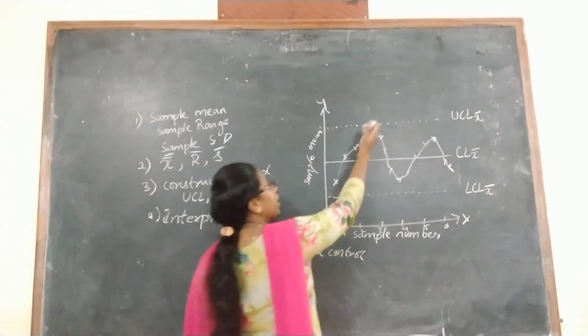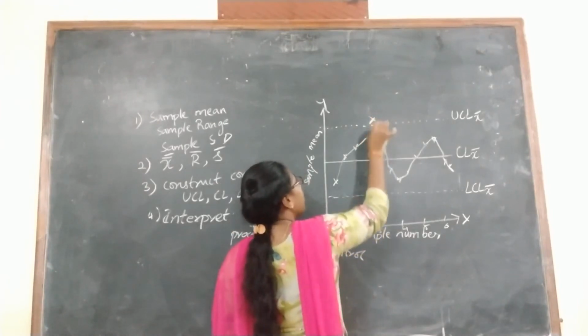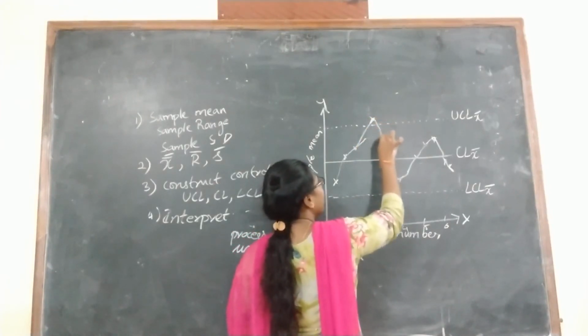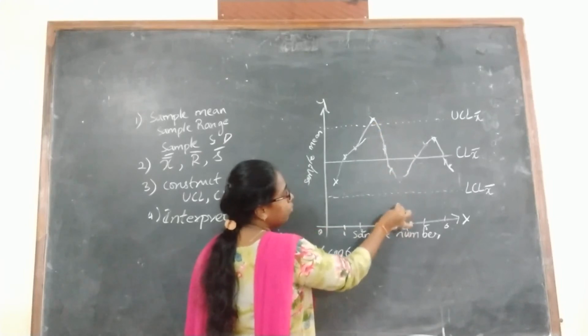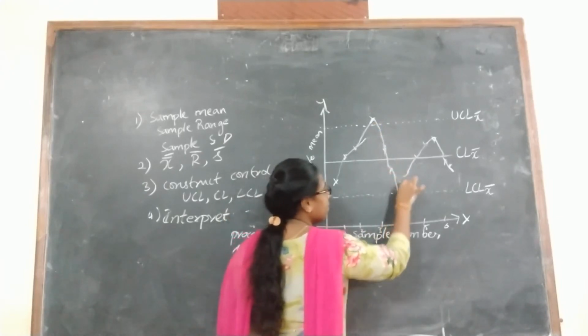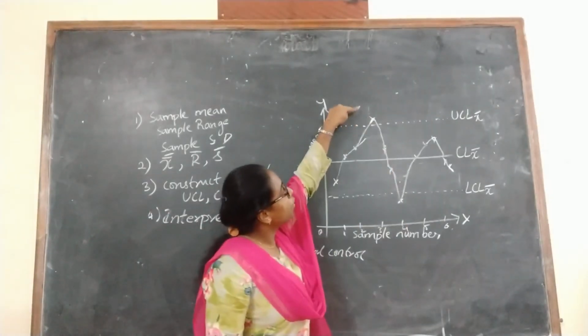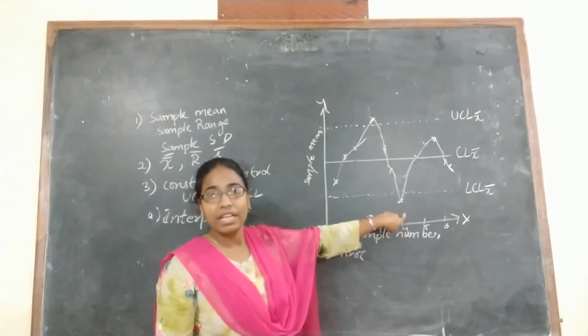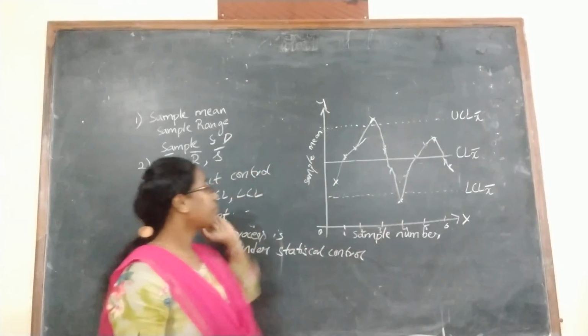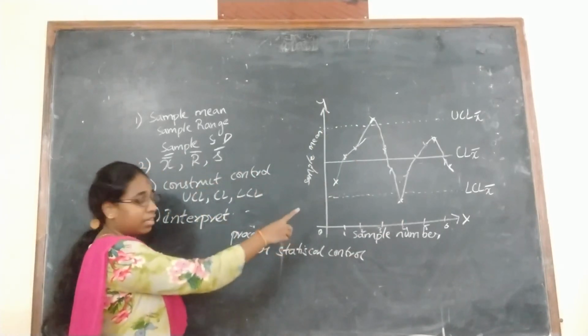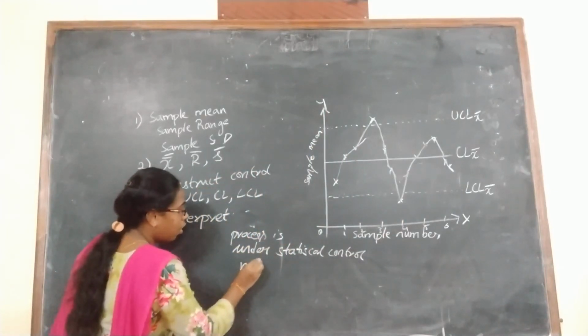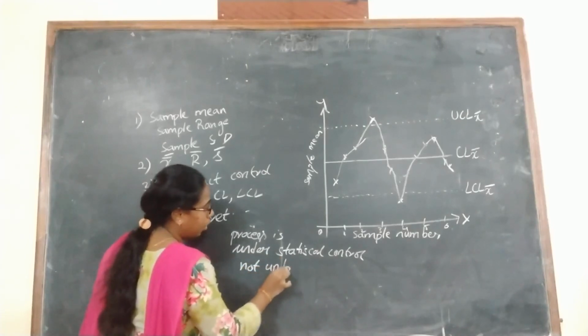Suppose I have any value above the UCL, I may get the graph like this, or any value below the LCL. If I find any value like this, that is above UCL or below LCL, then that process is not under statistical control.